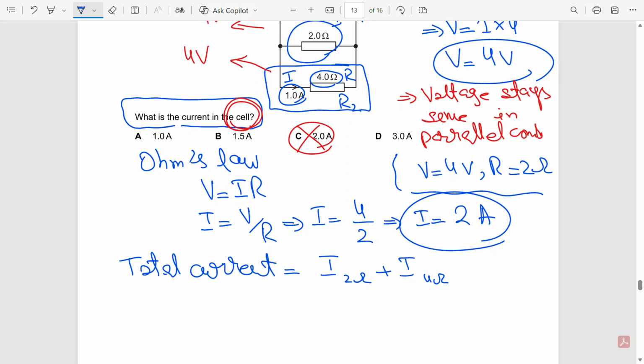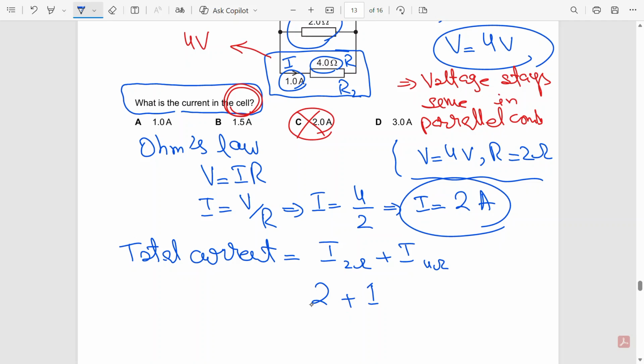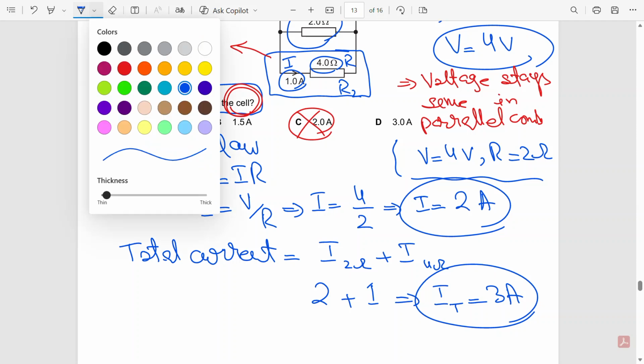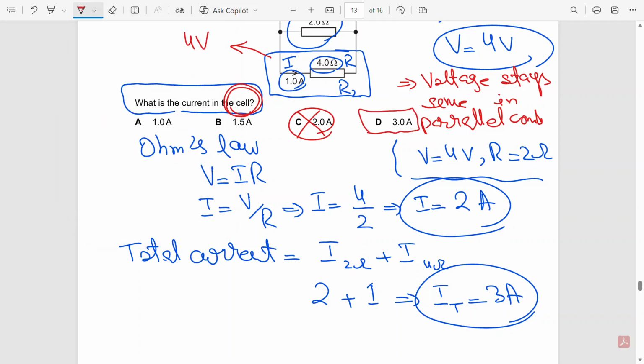The current from the 2 ohm resistor is 2 ampere, plus the current from the 4 ohm resistor was 1 ampere. So your total current is I total equals 3 ampere. So D is the correct option right here.